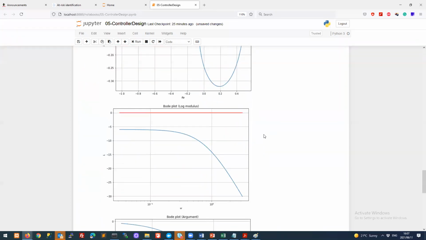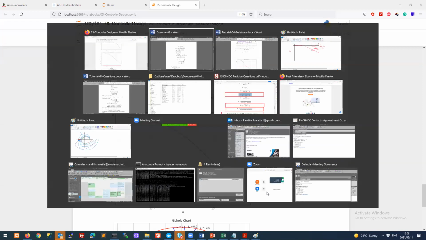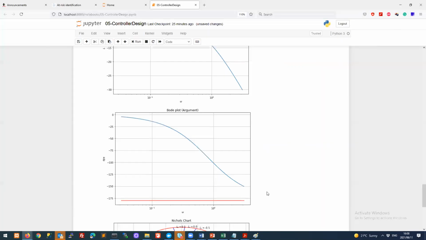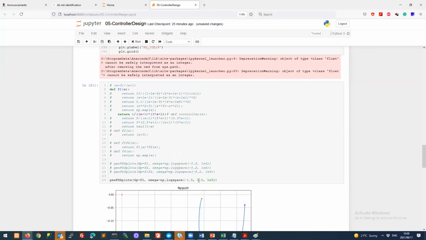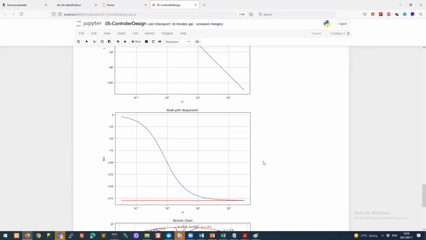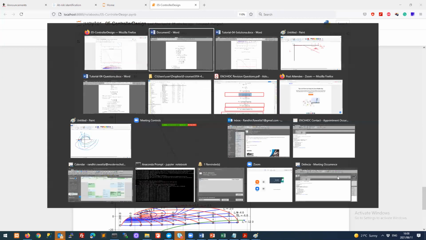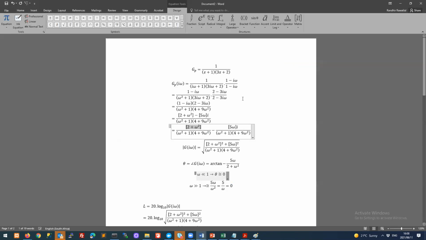So let's just see what our Bode plot shows. So yeah, we don't see that here. Let's just extend this omega range. Let's make that a 2 and see. Now the angle doesn't go back. So there's some kind of error somewhere here.